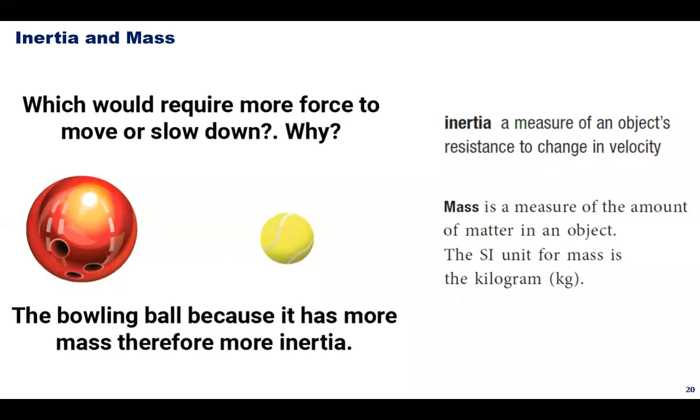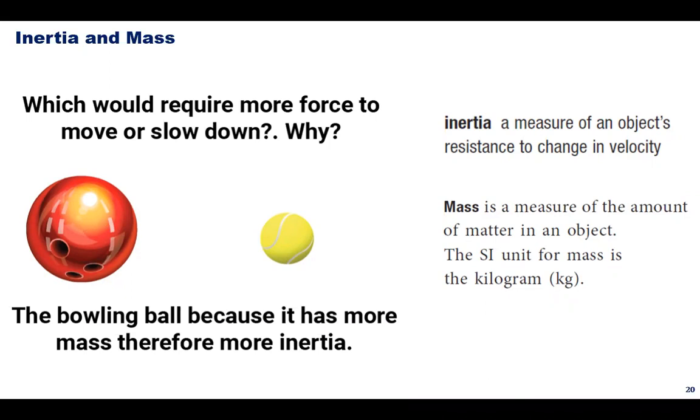Objects that contain a small amount of matter have a smaller mass and less inertia than objects that contain a large amount of matter. For example, a basketball has a mass of approximately 0.62 kilograms, and a volleyball has a mass of approximately 0.28 kilograms.